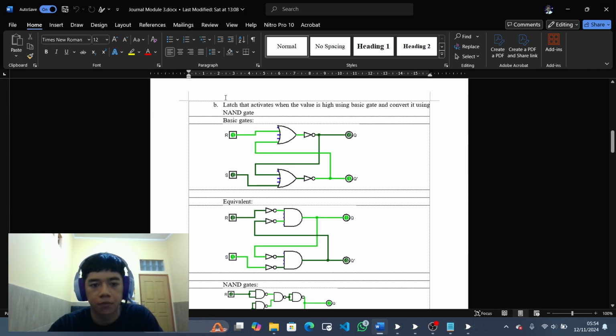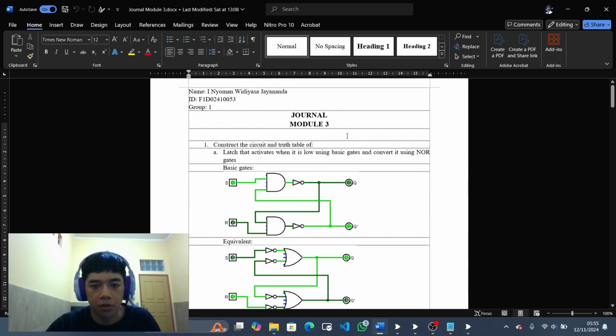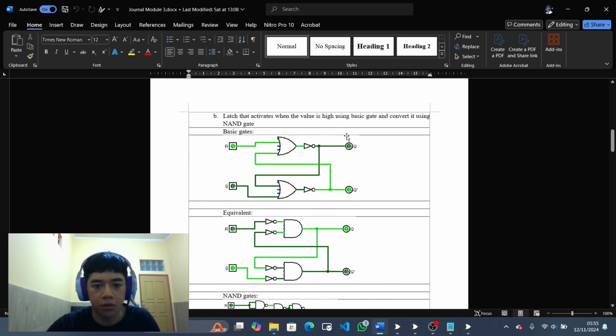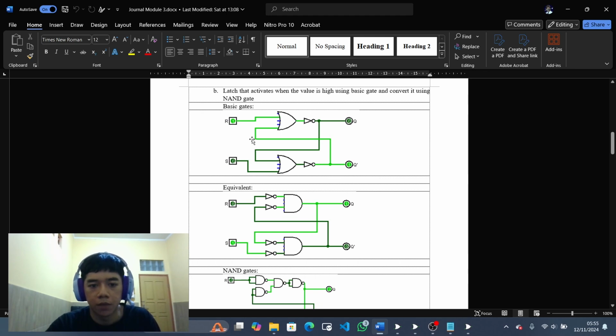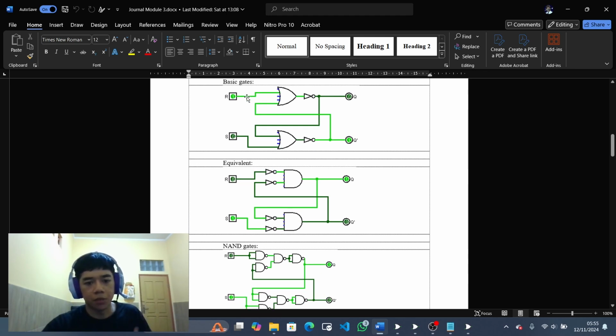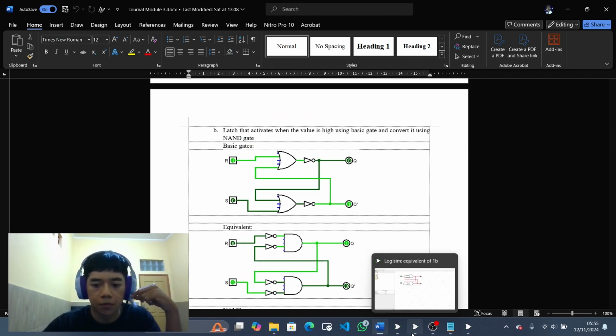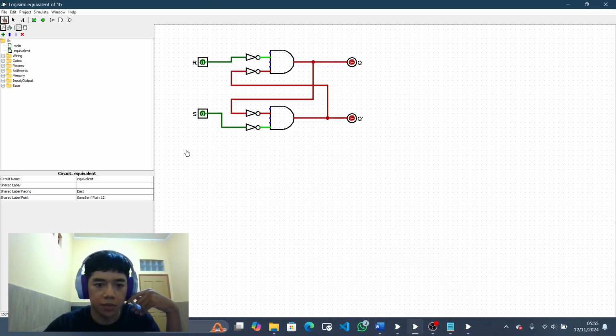Alright, moving on: a latch that activates when the value is high, using basic gates and converted using NAND gates. This is pretty straightforward and just like the previous one, but this time we switch things around. This one uses OR and NOT gates, and the S and R switch around, because it's one of the basic theories regarding latches. I have an example here.